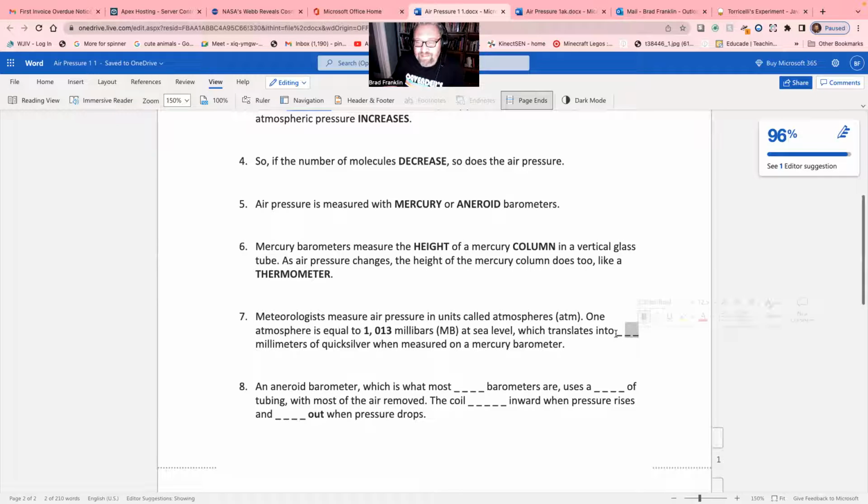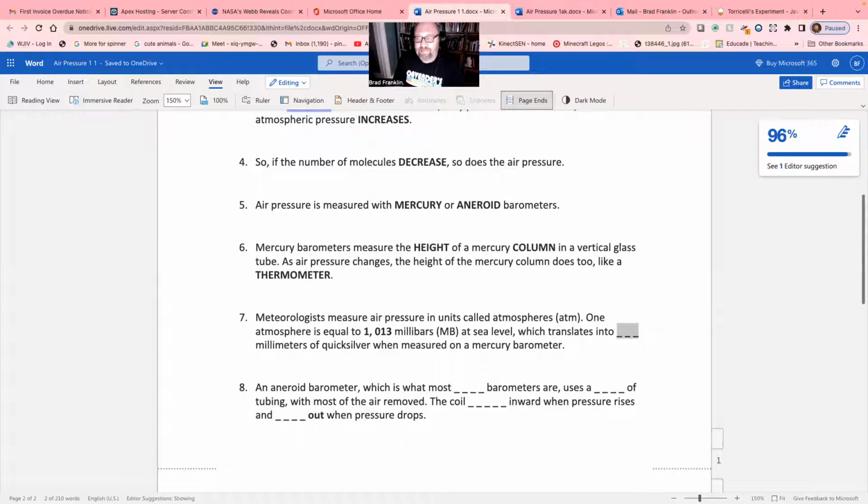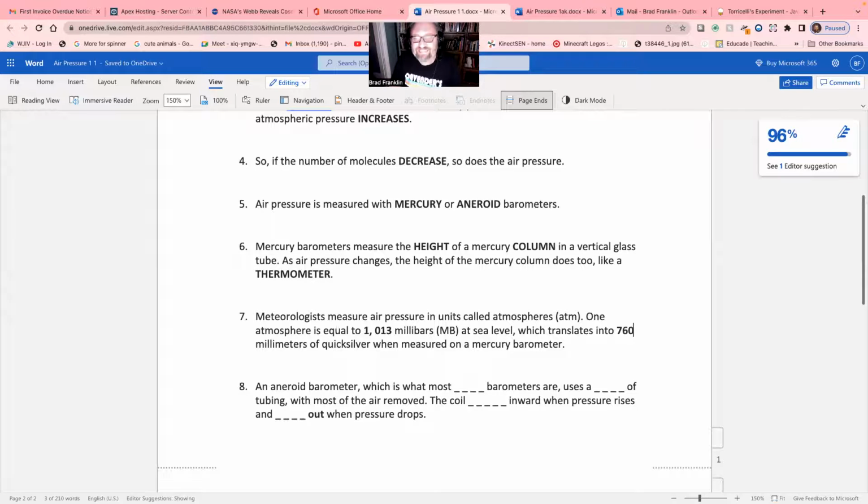Yep, you got it. Nice job. 760 millimeters of quicksilver, when measured on a mercury barometer.